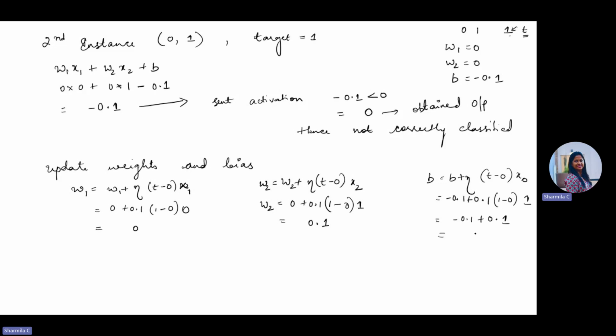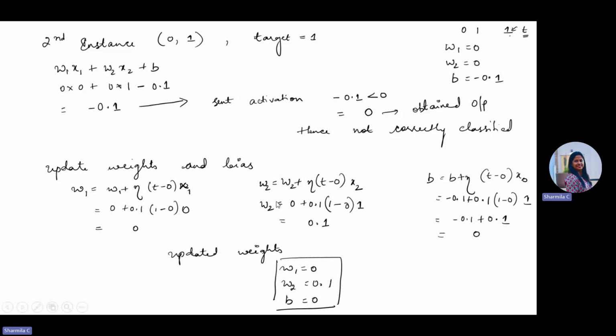So finally, the answer I'm getting is 0. So we get the new updated weights: W1 equals 0, W2 equals 0.1 and bias equals 0. These are the new updated weights.